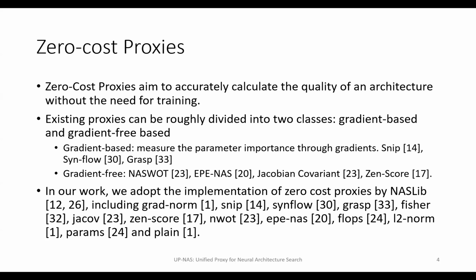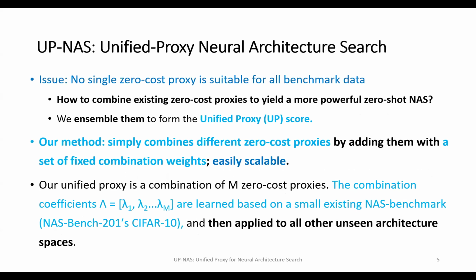In our work, we propose a general method for combining multiple zero-cost proxies to form a new zero-cost approximation. In the current study, we implemented the zero-cost proxies from NASLib, but our approach can be applied to other kinds of zero-cost proxies.